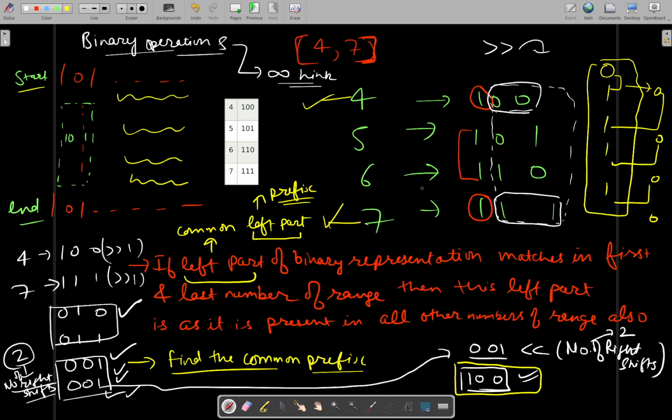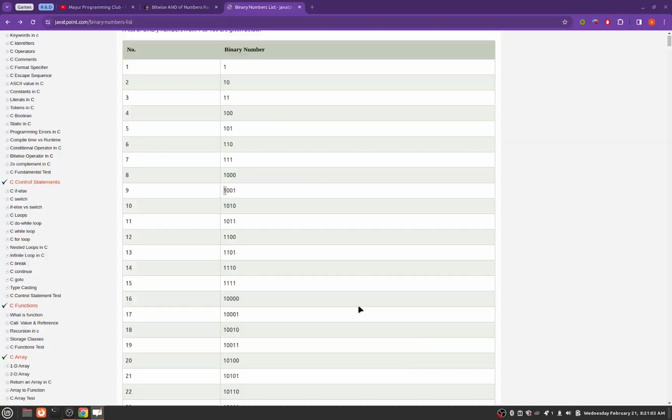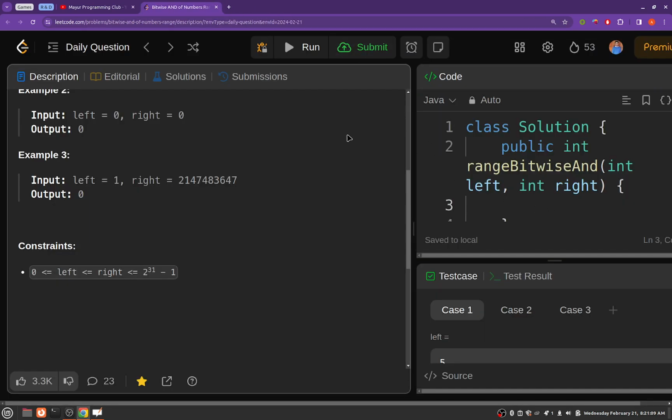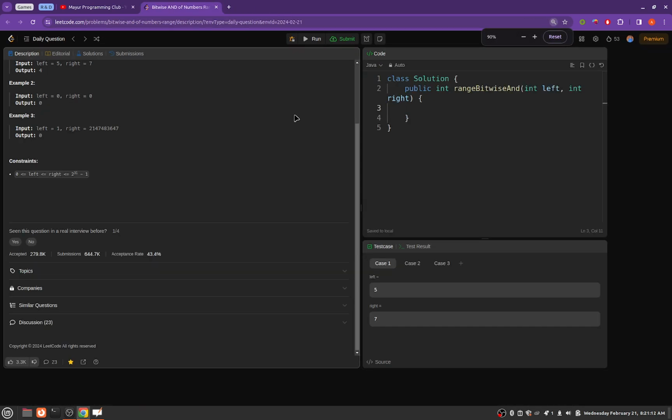So this will give you the common prefix. What will be the equivalent decimal representation? The actual number corresponding to this binary will be our answer. So let's find the common prefix, and that will be our answer for sure.